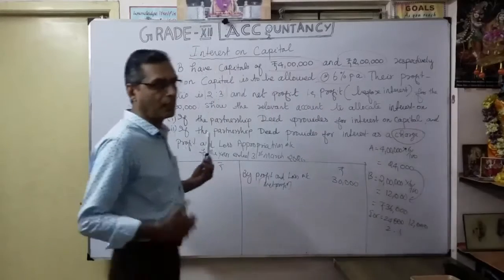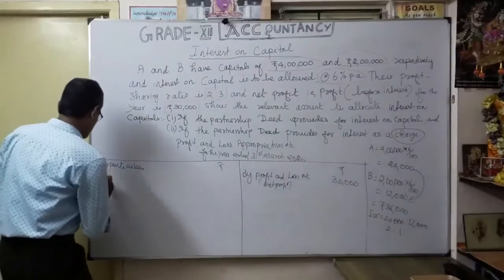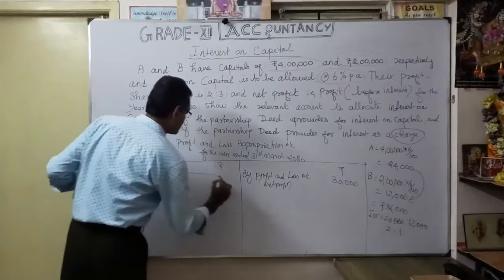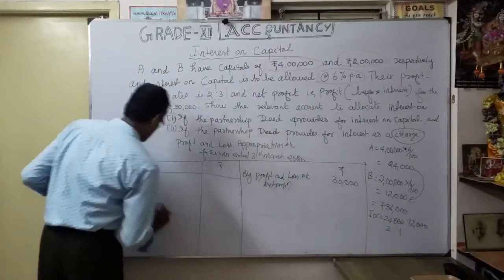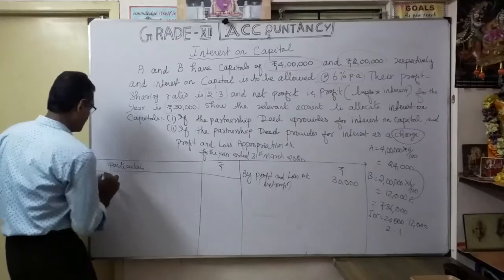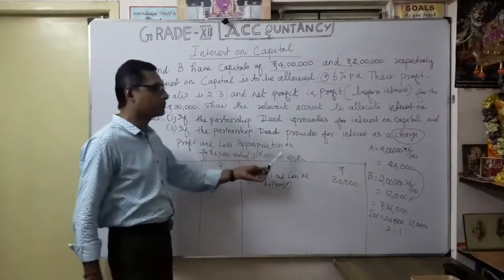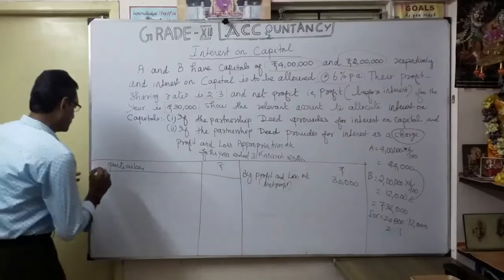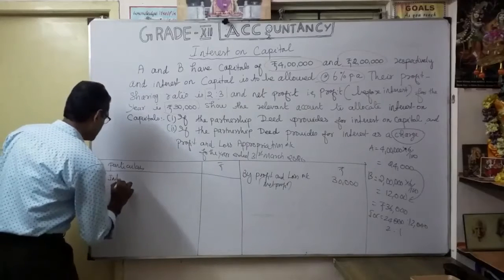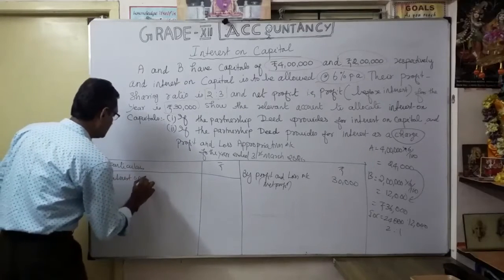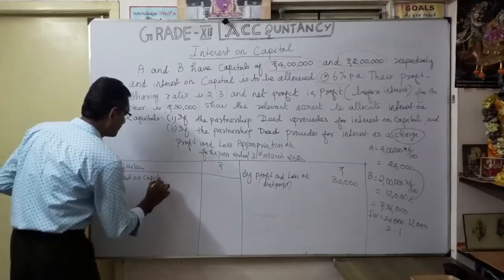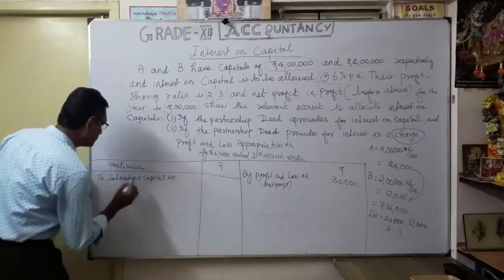Now let's see how we are going to calculate. So 2 particulars here. What is the entry? Profit and loss appropriation account debit to interest on capital account. You know the journal entry very well. Now A, how much will you get?